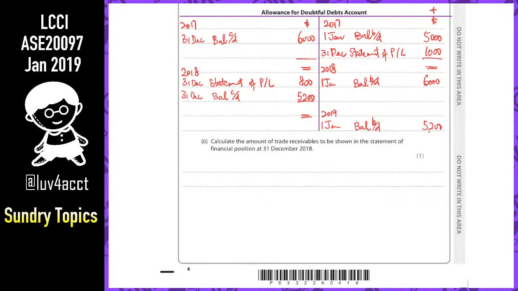Okay, so of course we have this amount, and then minus the allowance, okay, that would give you 46800 for your answer. Okay, 1 mark.